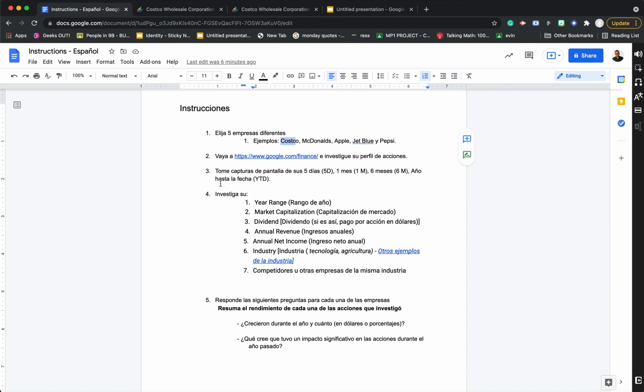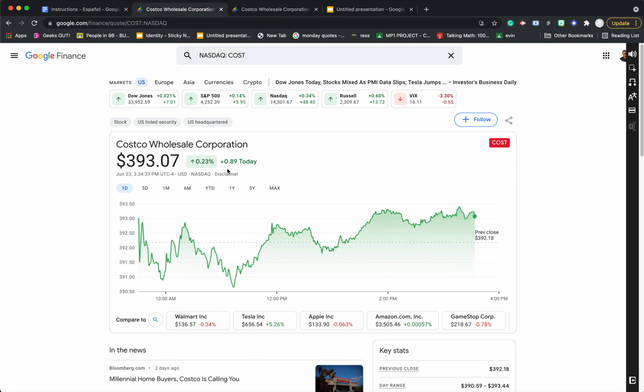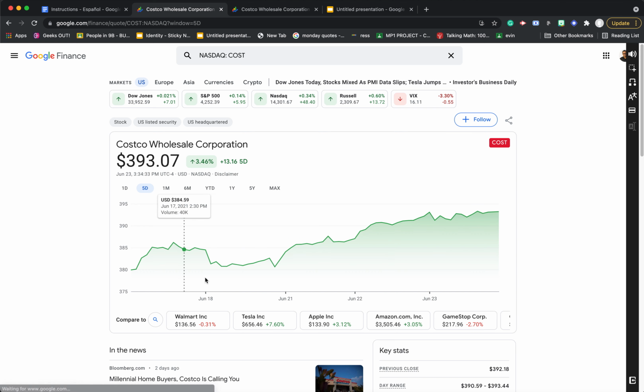Step number 3 says to take screenshots of the stocks for 5 days, 1 month, 6 months, and year to date, called YTD. I'm going to look at 5 days and take a screenshot.